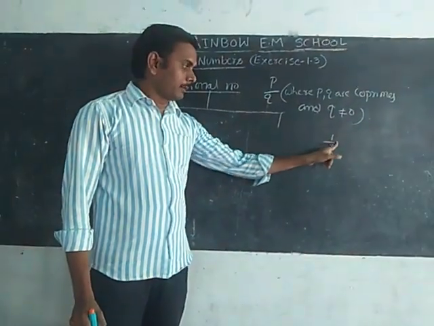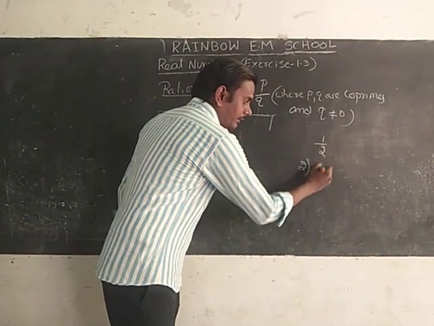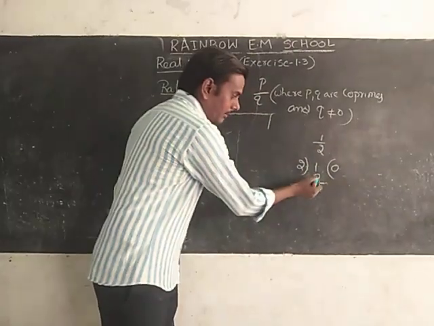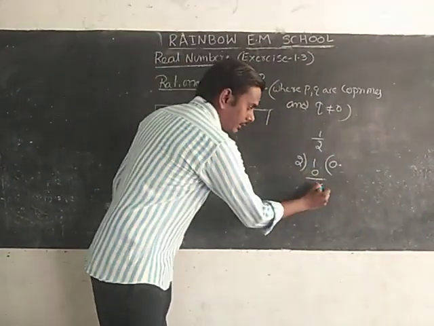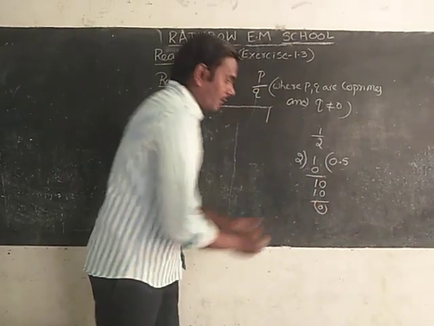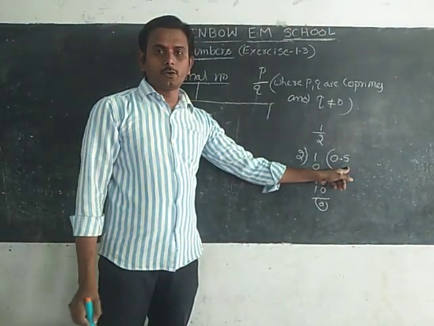If I divide 1 by 2, 2 goes into 1 zero times. 1 will not divide again, so keep the point here at the quotient place and take 10. 2 fives are 10, remainder 0. For 1 by 2 we can write the decimal form 0.5.